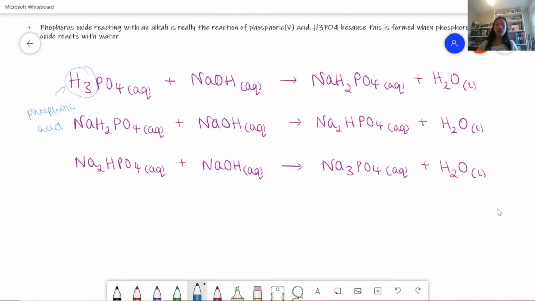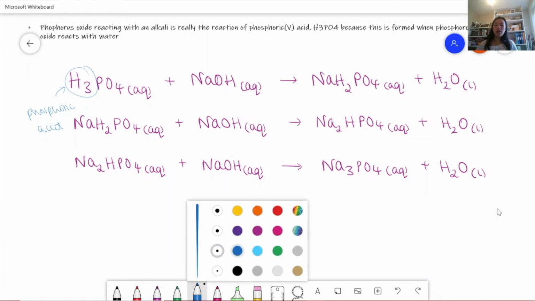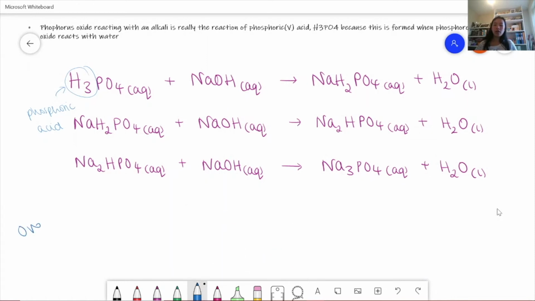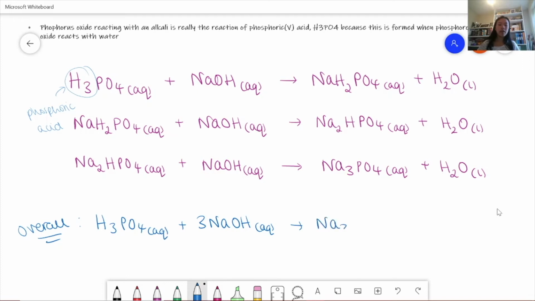And so the overall equation turns out to be H3PO4 aqueous plus 3 sodium hydroxides, and this forms Na3PO4 and 3 waters.